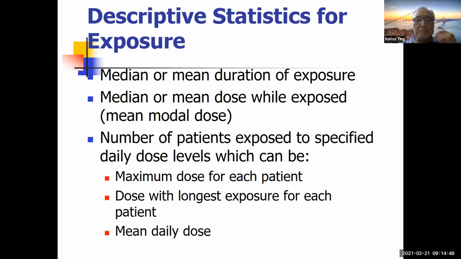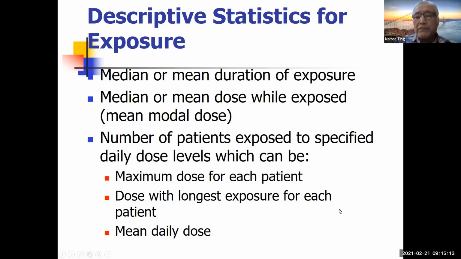So exposure, of course, when we look at mean or median duration, I don't think we have to spend much time on mean or median dose because this only applies to dose titration designs. Number of patients exposed to a specified daily dose applies to titration designs.